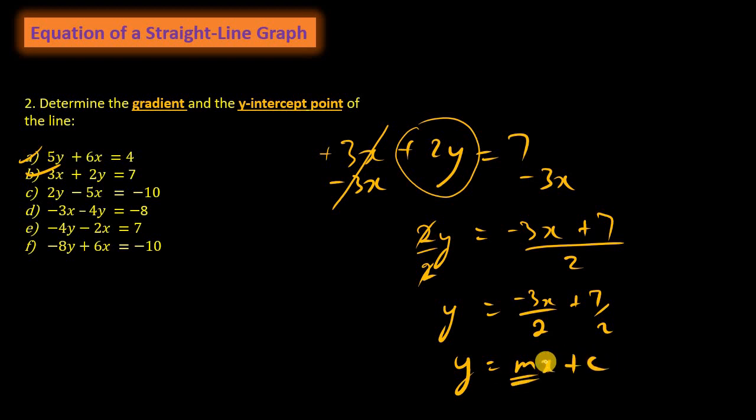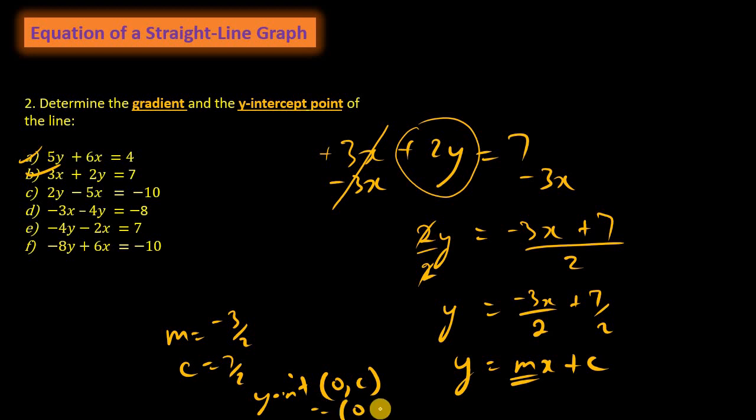Our m, the coefficient of x, in this case the gradient, is negative 3/2. And the c is 7/2. So therefore the y-intercept point is 0, c, which we know is going to be 0, 7/2. If you want to write it as 3.5, that's fine.